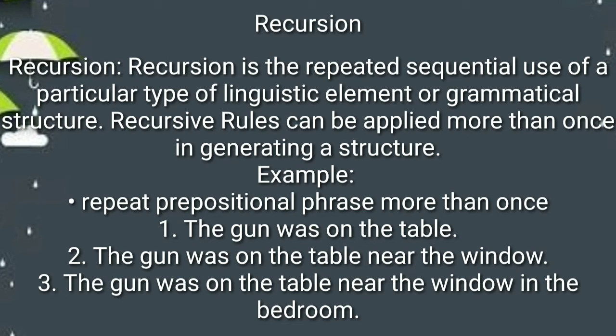Example: repeat a prepositional phrase more than once. Number 1. The gun was on the table. Number 2. The gun was on the table near the window. Number 3. The gun was on the table near the window in the bedroom.